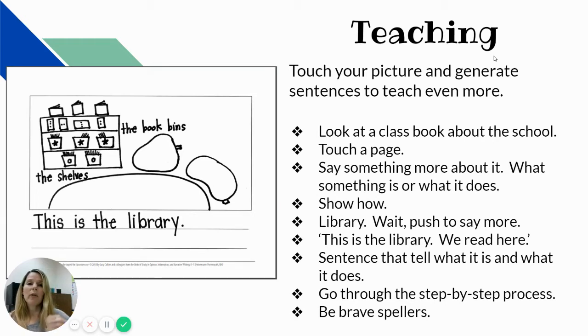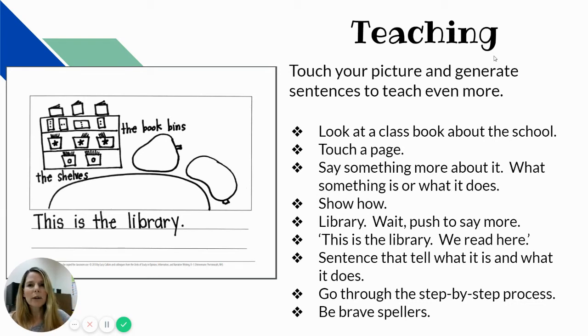So when you think about this is the library, that's 4 words you need to write. That's the first sentence. So when I'm looking at the drawing, this, that is a sight word. So I'm going to quickly look at the word wall in the classroom, and I'm going to write the word this. So that's what I did. Okay, now we have this is.